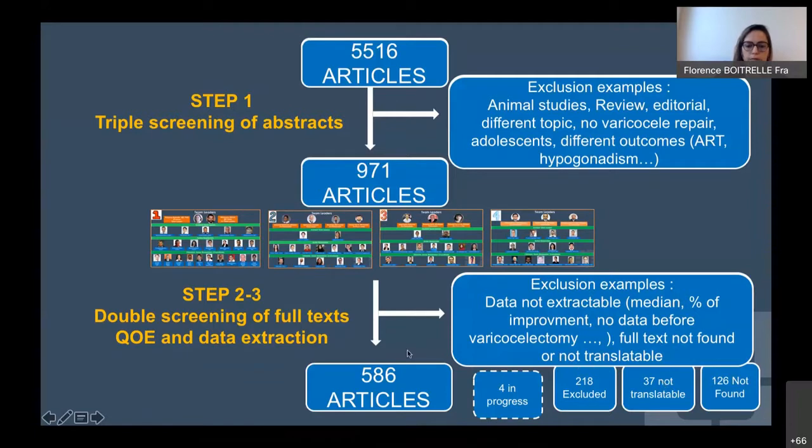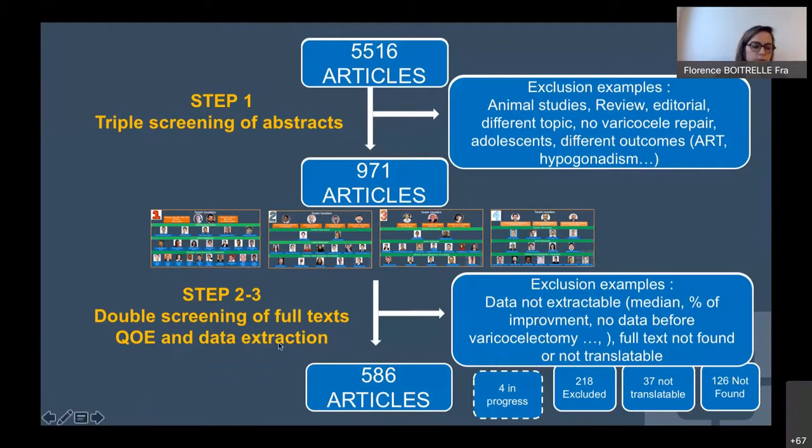And finally, we have included about 586 articles, and only 4 German articles remain in progress, and everything will be finished very soon, I think next week.